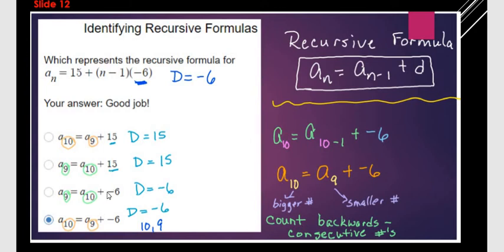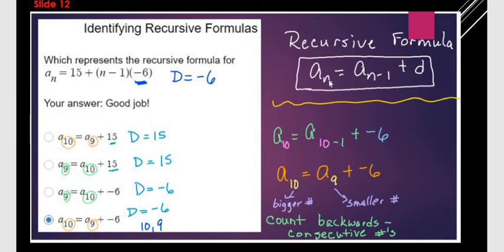Now, since these are the only two left, I'm going to look at these sub numbers right here. I see 9, 10, 10, 9. The order that these are written in is crucial. It's very, very important. You must count backwards consecutive numbers. So when I look at this right here, I should get 10 and then 9, and here's why. If you look at this formula, this has n minus 1.